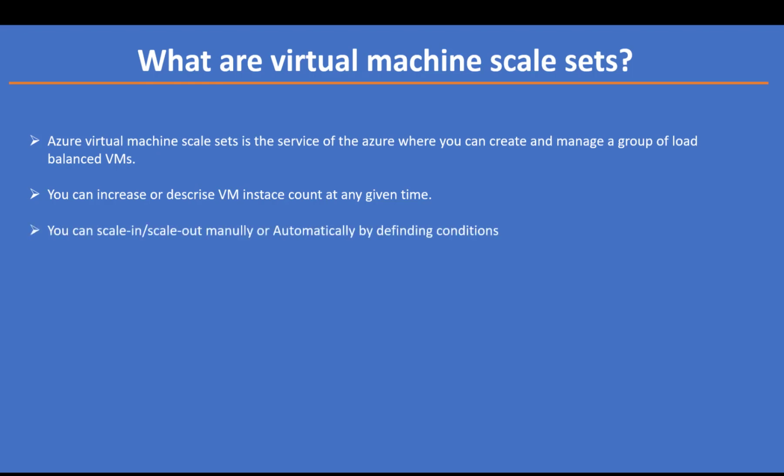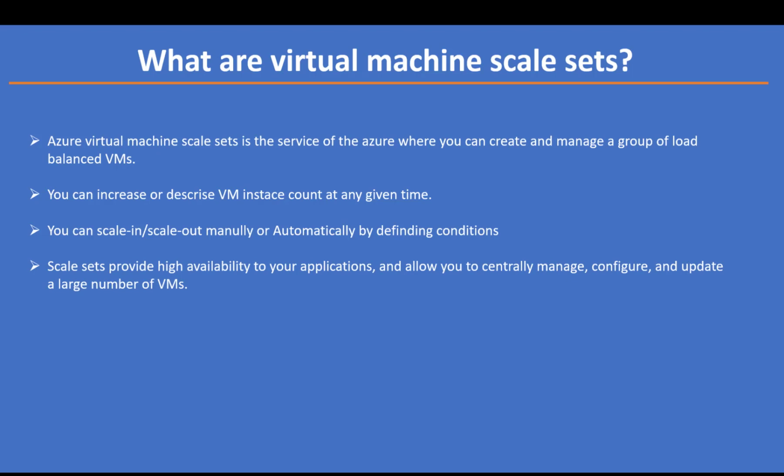You can scale in and scale out manually or automatically by defining conditions in a VM scale set. The scale set provides high availability for your application and allows you to centrally manage, configure and update a large number of VMs. So this is what VMSS is.